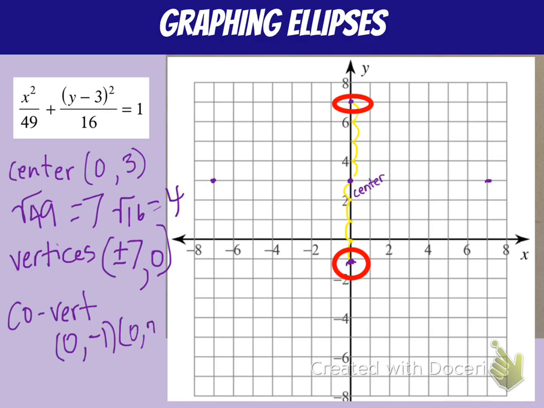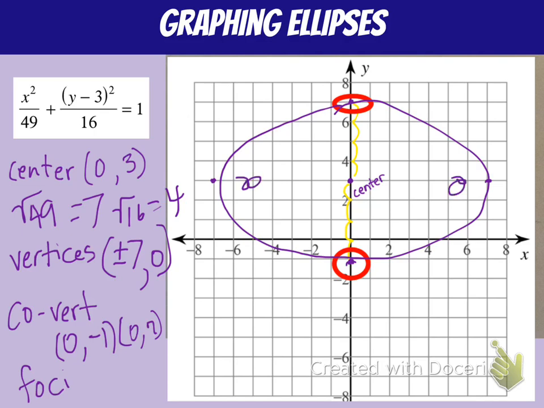Last thing I'm going to do is to find out where my focus is at, or my foci. And I kind of know already, if I sketch them, they're always going to be on the major axis. So I already know that they're kind of here and here-ish is the general idea.